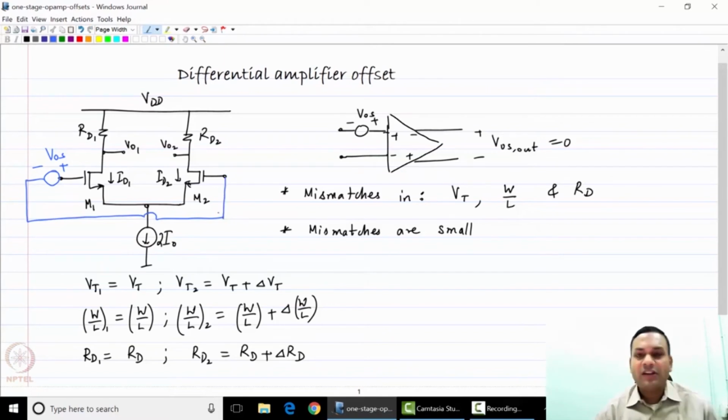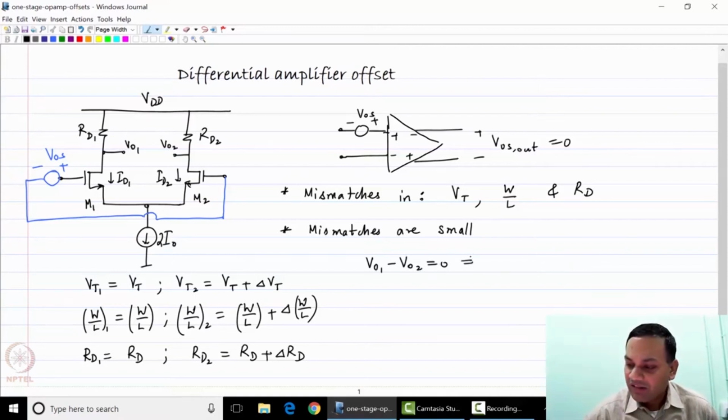So this is the offset voltage that is being applied to the circuit, and we know that the output offset is 0, so we know that VO1 minus VO2 is equal to 0.